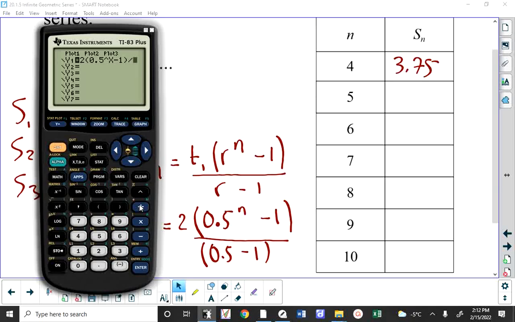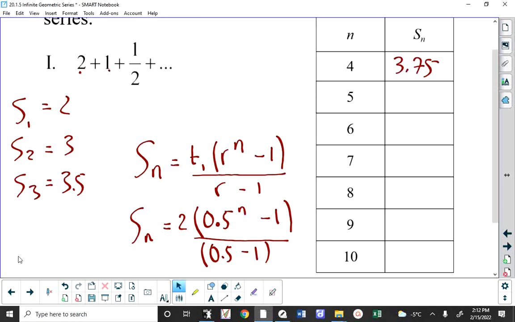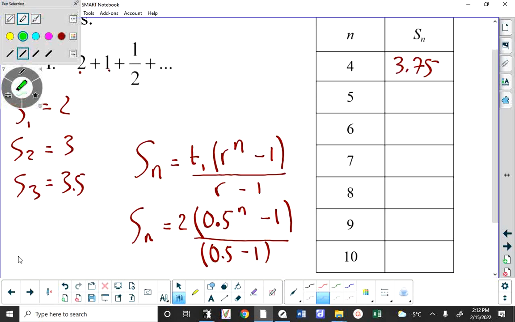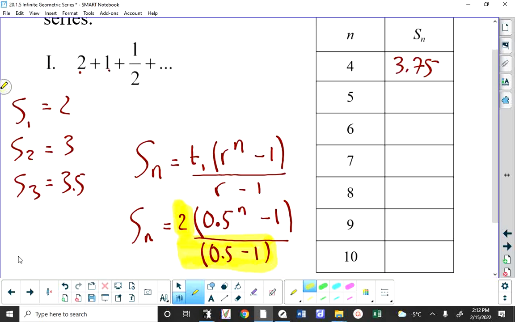I could put brackets around 0.5 minus 1, but I'm just going to go divided by negative 0.5. You could also take 2 divided by negative 0.5 and put negative 4 out in front, because 2 divided by negative 0.5 is negative 4. You don't have to, though.